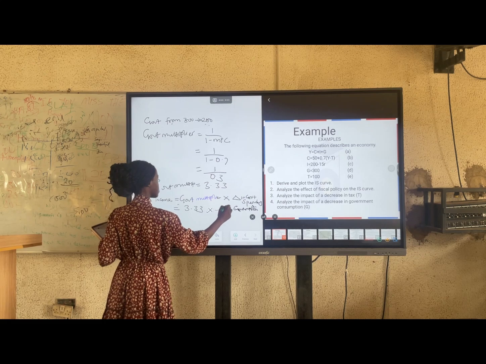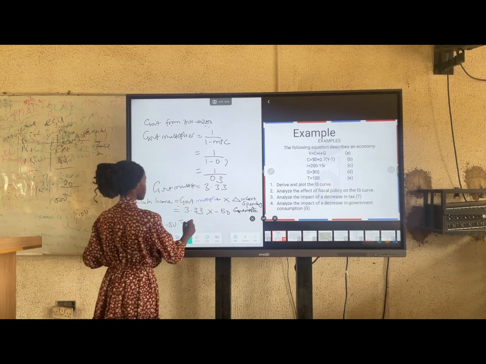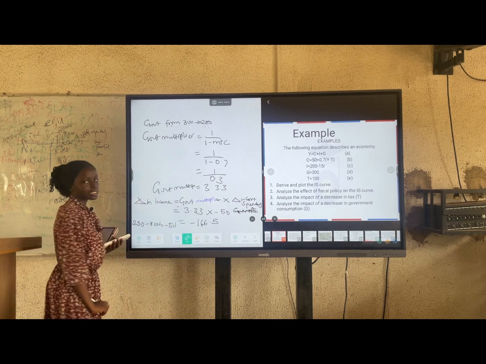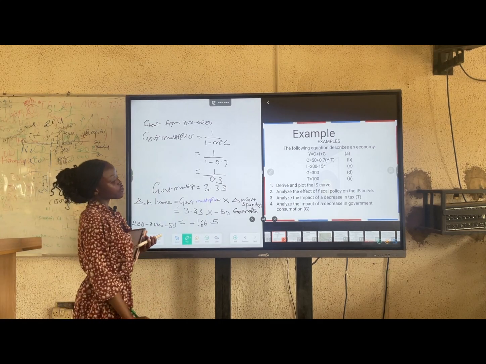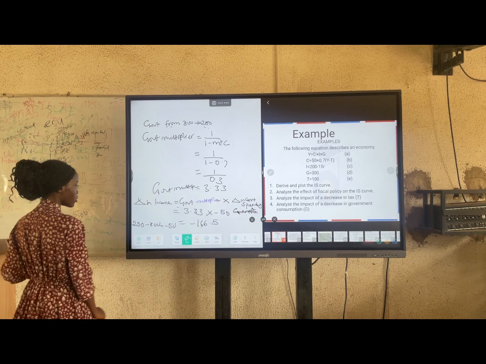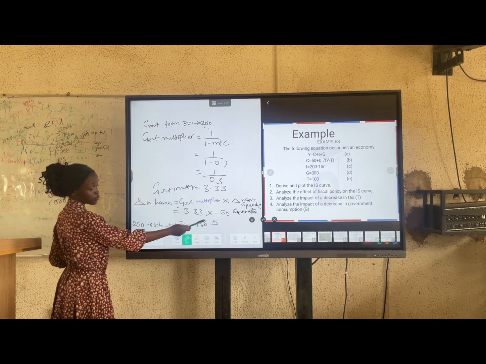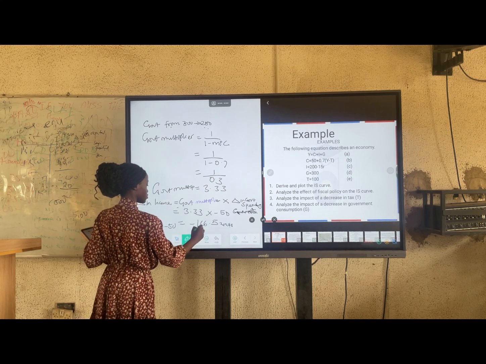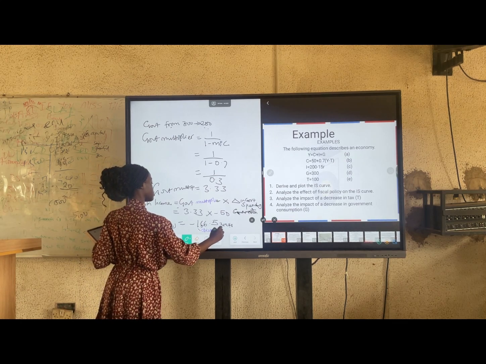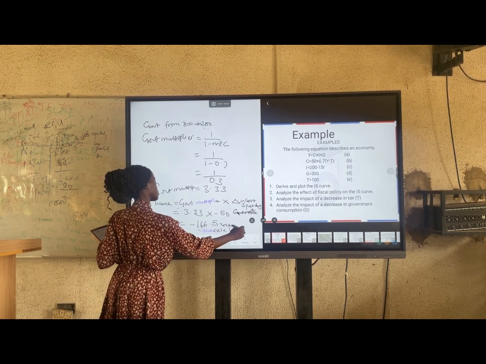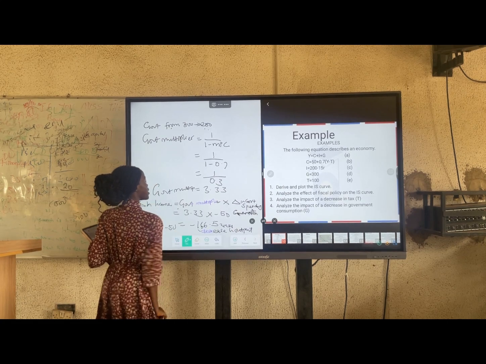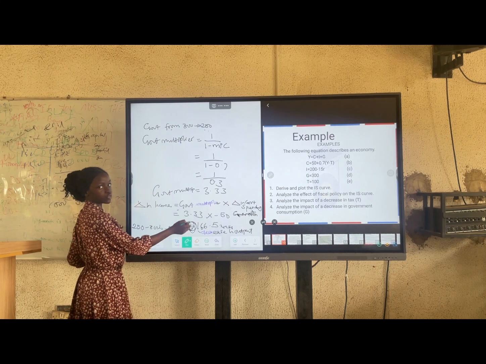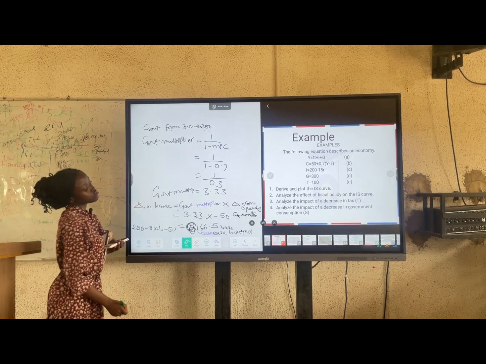So times minus 50 here, we have minus 166.5, and this implies that a decrease in government expenditure will lead to a 166.5 unit decrease in output. We have a negative symbol here, so this implies a reduction in our income.